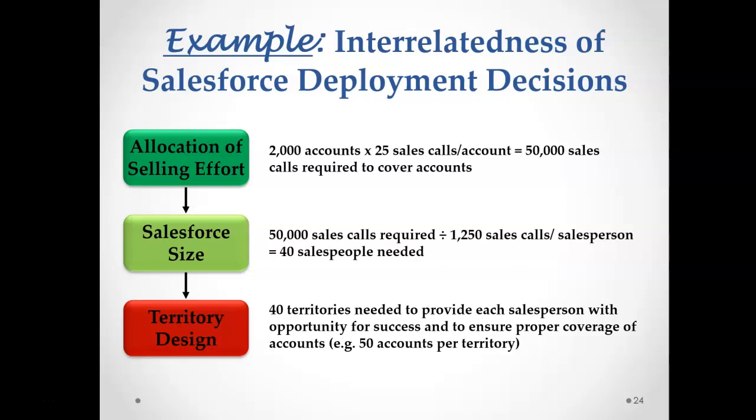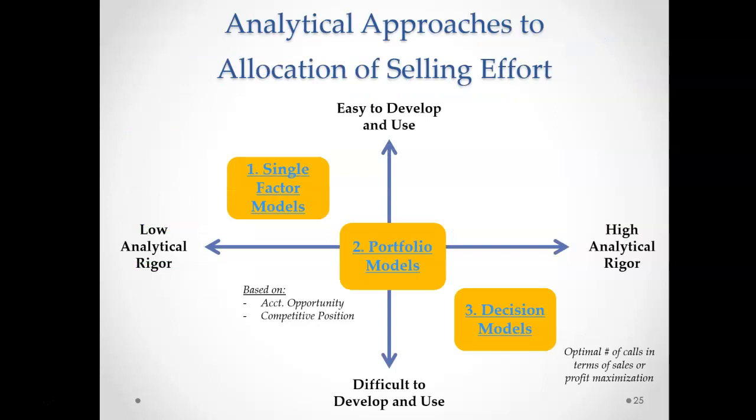Here's an example. Again, there are three areas, or you could ask those three questions: allocation of selling effort, Salesforce size, territory design. Let's look at each of those, and you can examine the example on this slide a little more on your own.